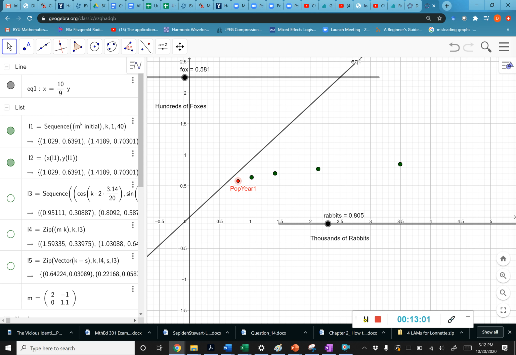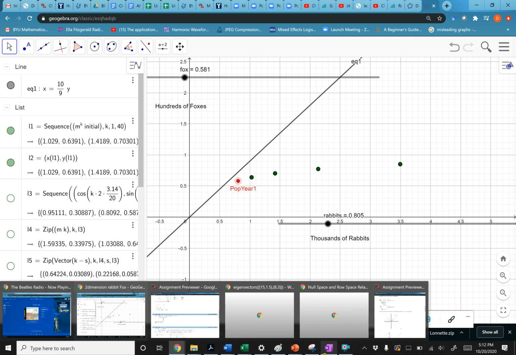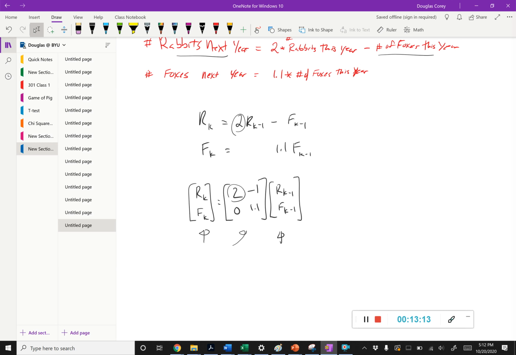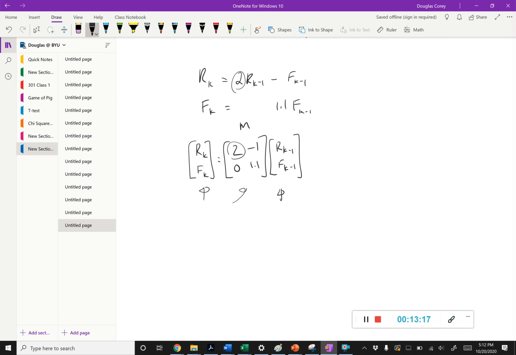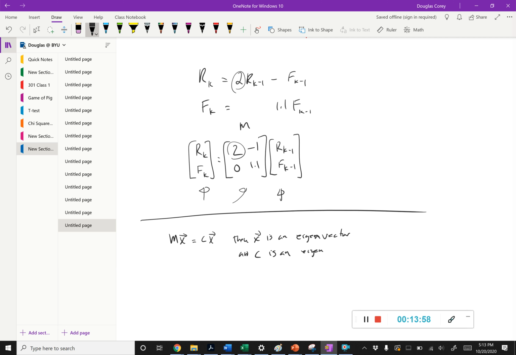Okay, let's jump to my notes. All right, so if we call this our matrix M, then if we have a vector V, well, let's call it X, the book calls it X. If there's a vector X such that multiplying by the matrix is the same as just multiplying it by a scalar C, then X is an eigenvector, and C is an eigenvalue.